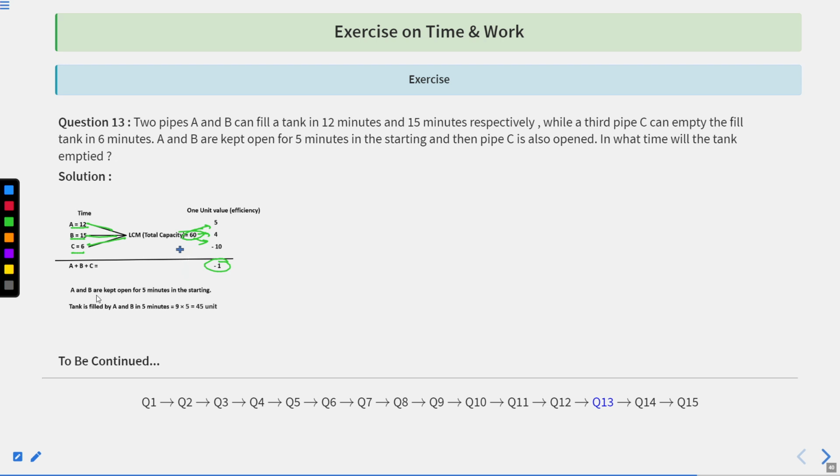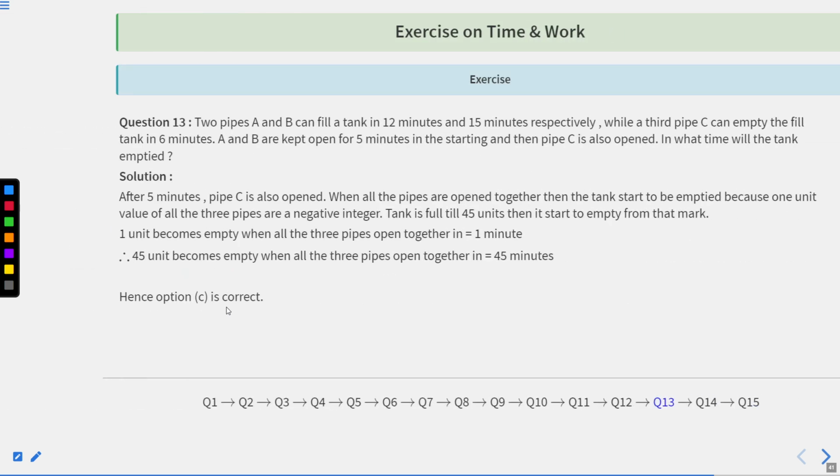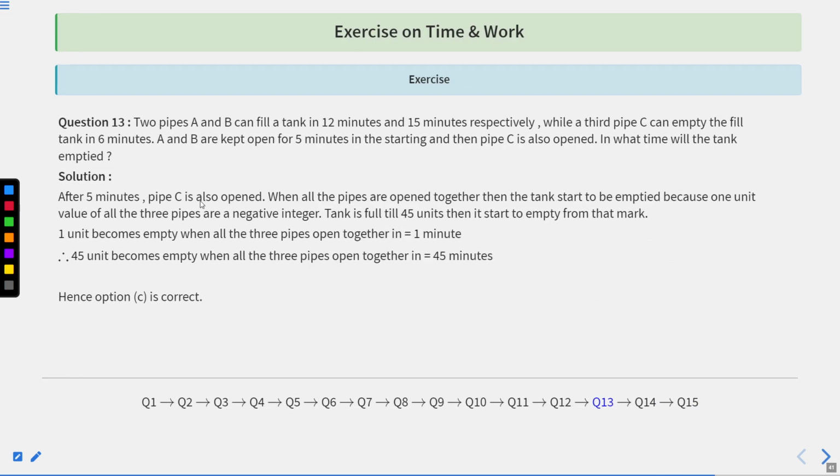So A and B are kept open for 5 minutes in the starting and the tank is filled by A and B in 5 minutes, that is 45 units. So 45 units is filled in the tank in the first 5 minutes. So after 5 minutes, pipe C is opened. So now pipe C is going to empty the tank.